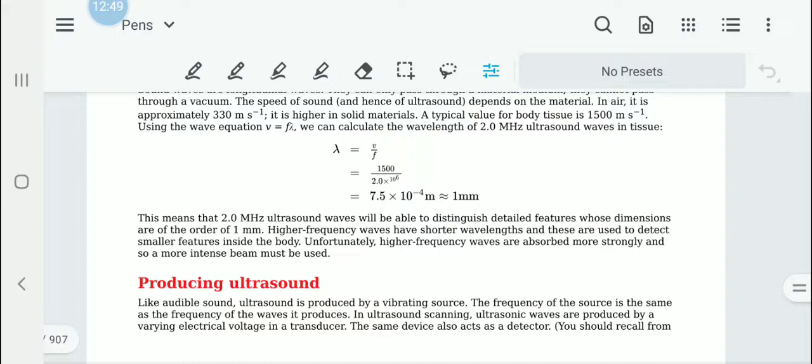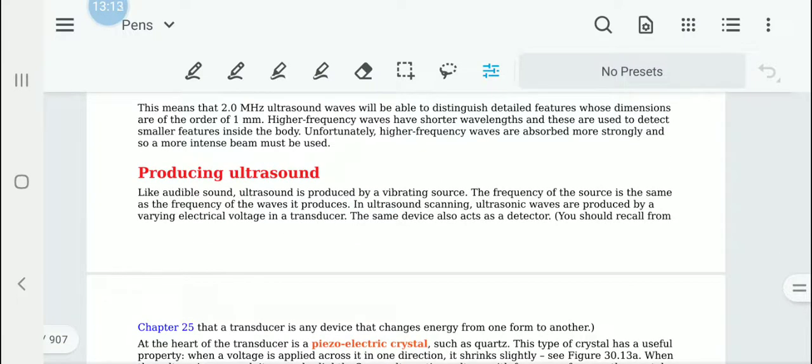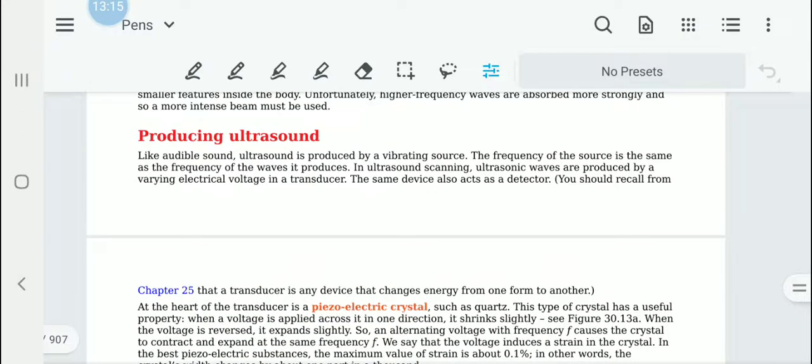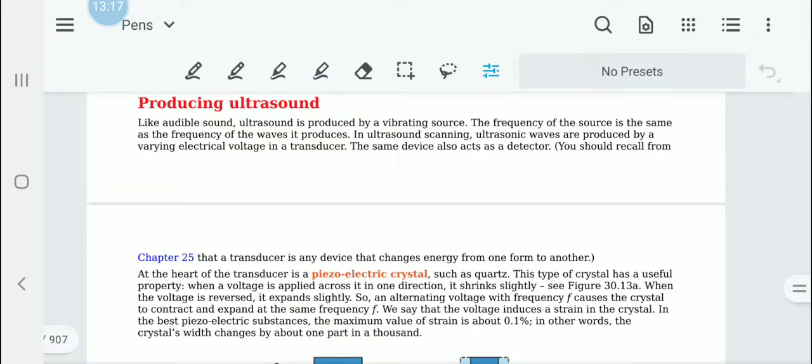So if you want to see smaller features, you will have to use higher frequency waves having shorter wavelengths. Because higher frequency waves are absorbed more strongly, a more intense beam must be used. That is a practical application, and the machines need to be produced in that manner.